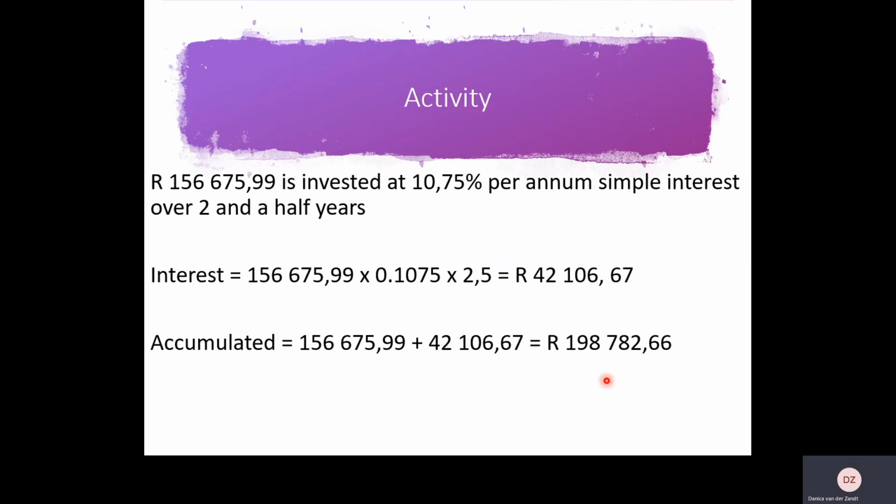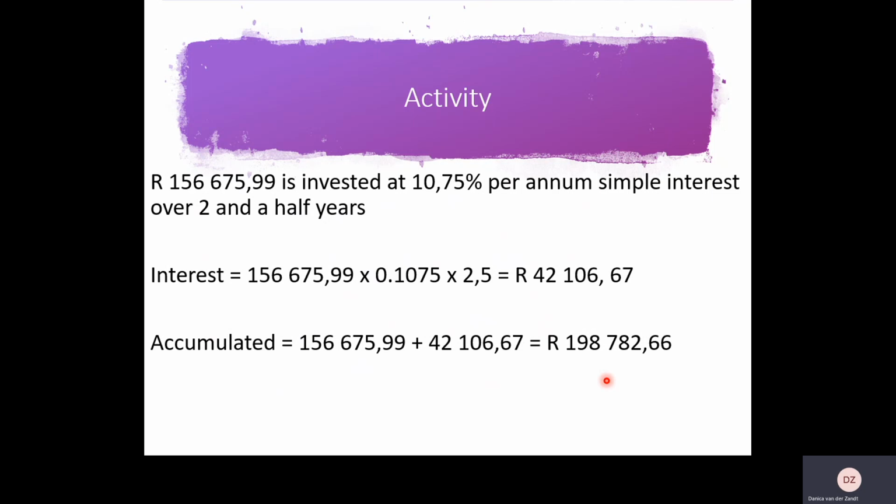Our next one, which was 156,675 Rand and 99 cents, which was invested at 10.75% per annum simple interest for 2.5 years. So you can see that once again, I've used the decimal. So I will use them interchangeably so you can get used to seeing a percentage as a decimal.